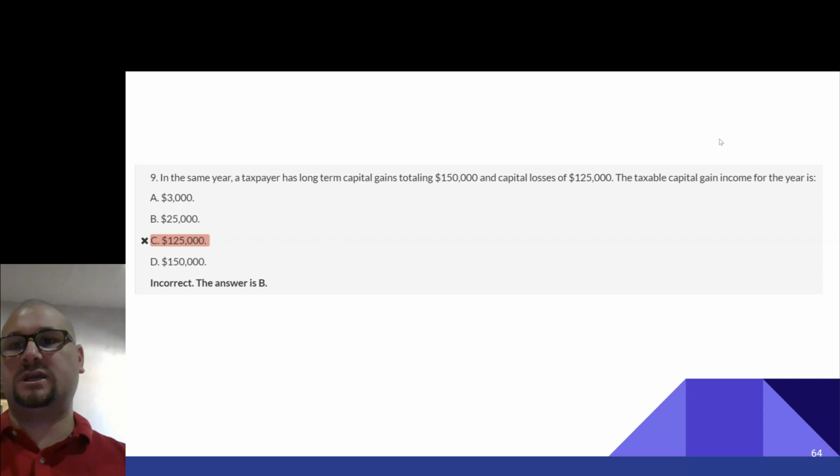The taxable capital gain income for the year is $25,000.